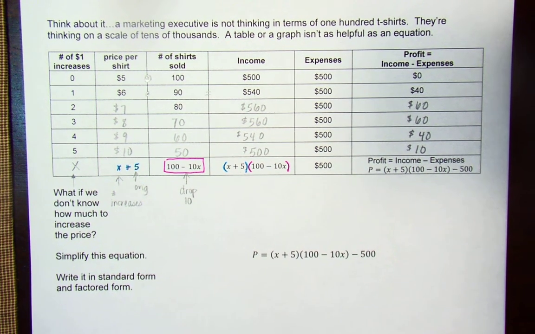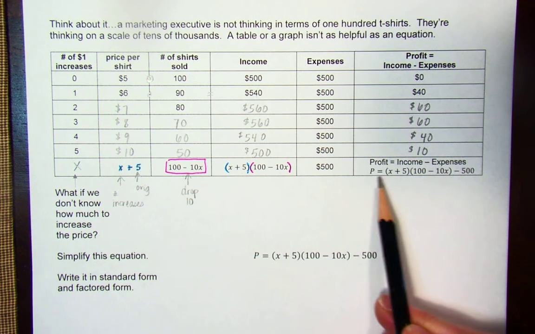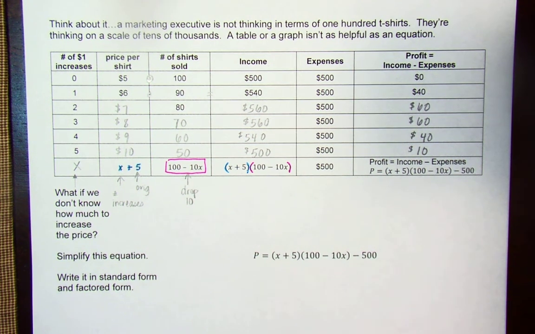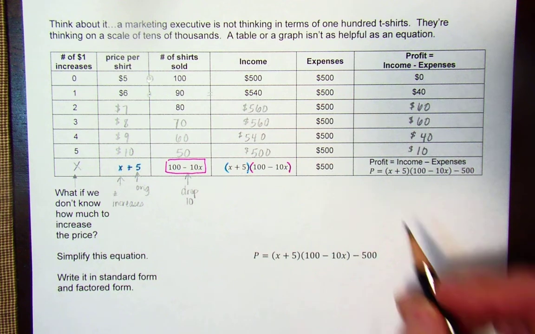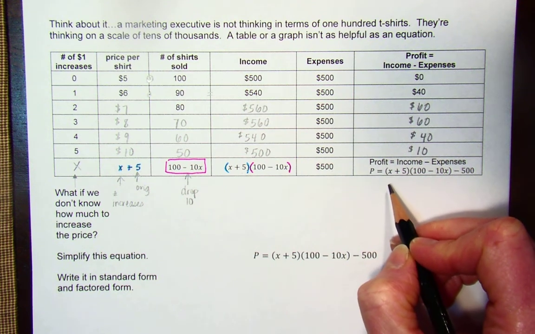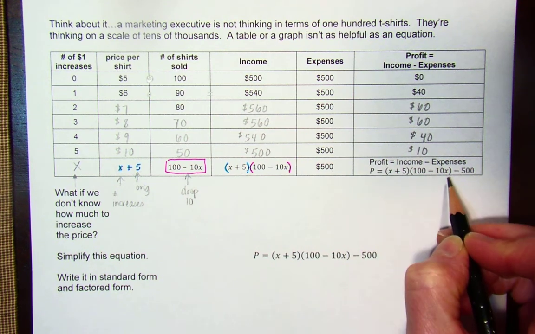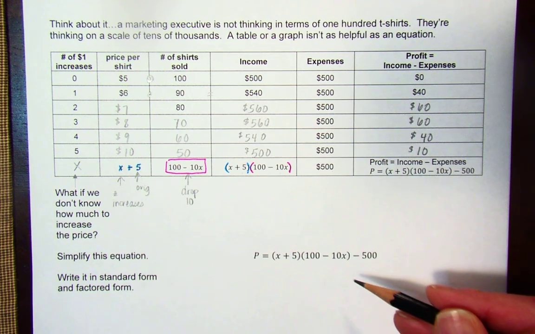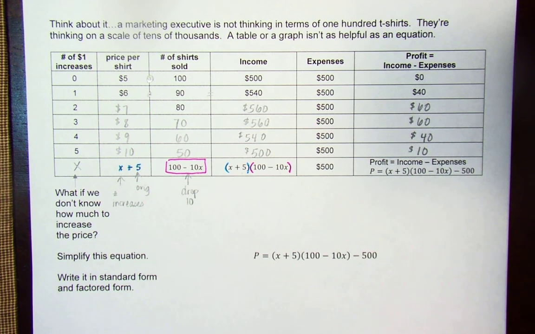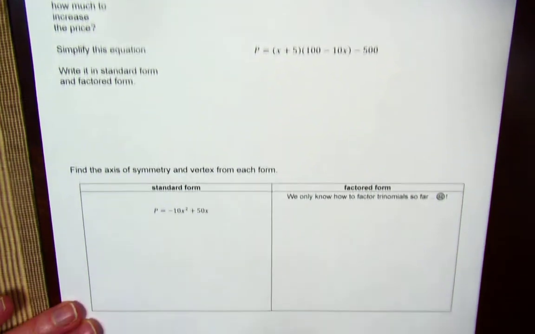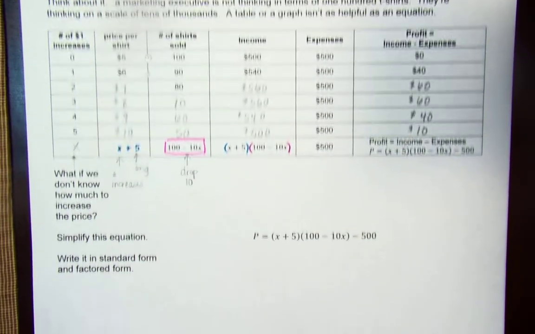Now, you as a student are never going to be asked to write an equation like this. That's a little bit past our Algebra 1 class. But we are going to ask you to be able to analyze what this equation means. And when we figure out how to simplify it, we're going to show you at the bottom of the page why this is important to our real world scenario.